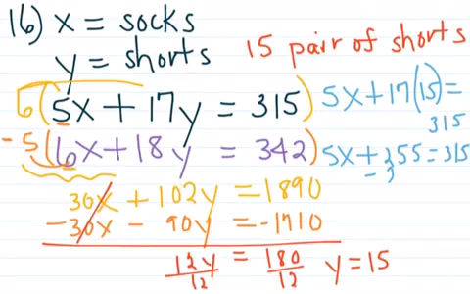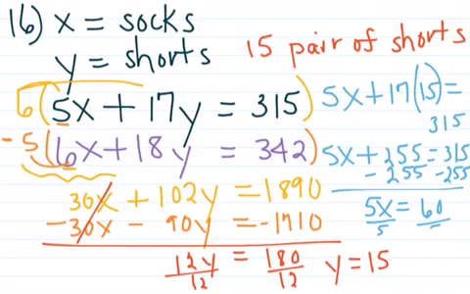Now subtract 255 from both sides. So 5x equals 60. Divide both sides by 5. So x equals 12. So x was socks, so we have 12 pairs of socks.